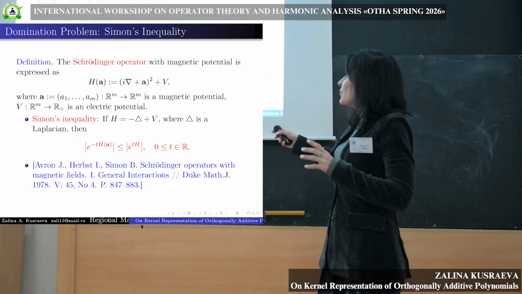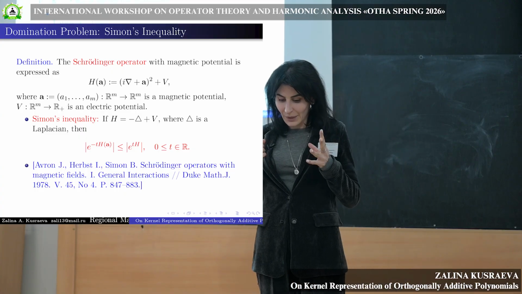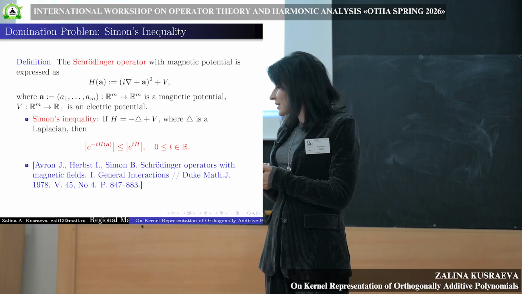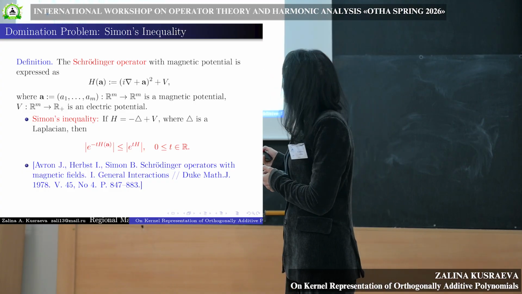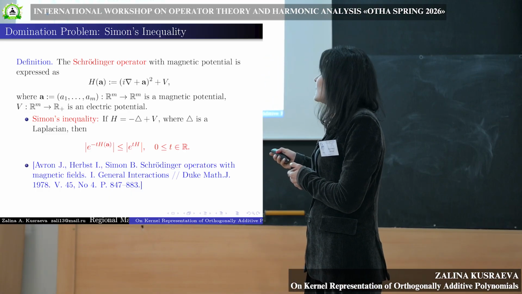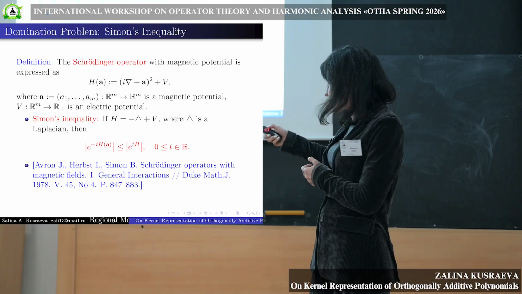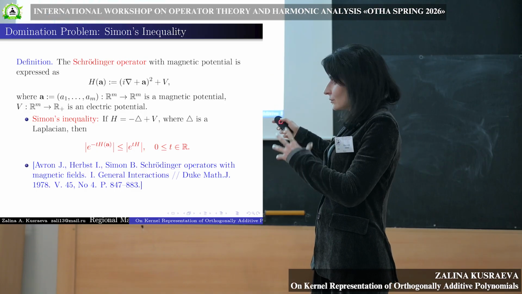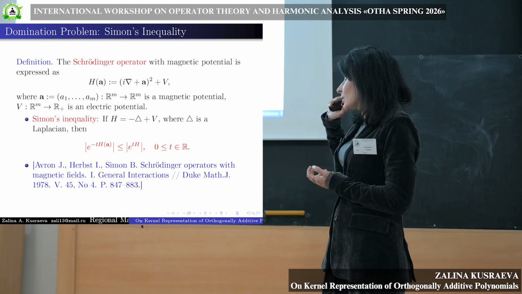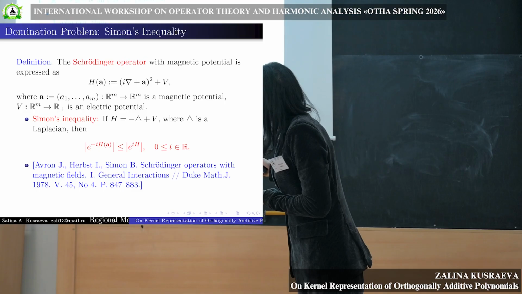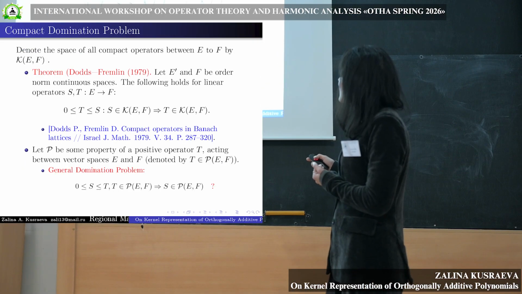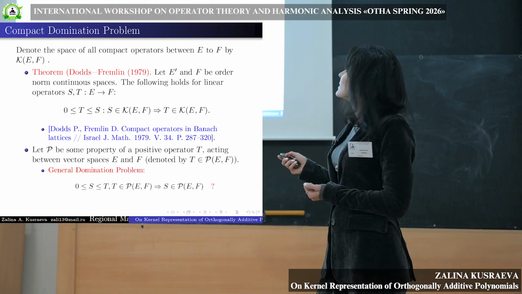The question was, of course, compactness is a very good property for the description of operators, so if this operator is compact, will the other one inherit the same property? This is called the domination problem for compact operators. It was stated in 1978 and was solved by Dodds and Fremlin the next year, 1979.